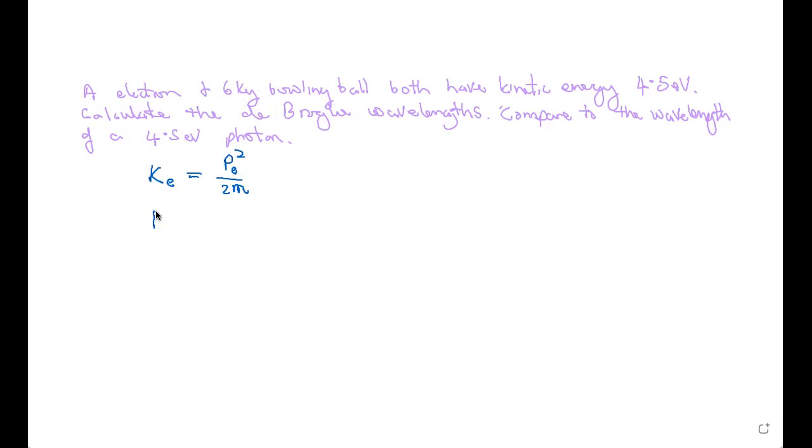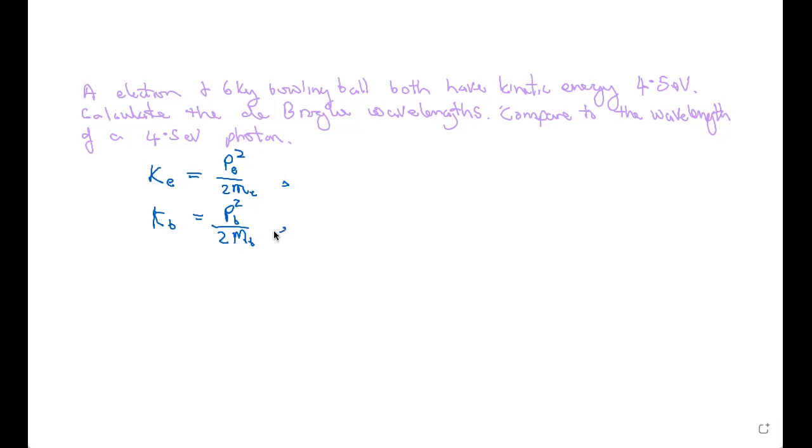Likewise, for the bowling ball, the kinetic energy of the bowling ball can be written as the momentum of the bowling ball squared divided by twice its mass. And so again, I can use this relationship between kinetic energy and momentum to figure out the bowling ball momentum.